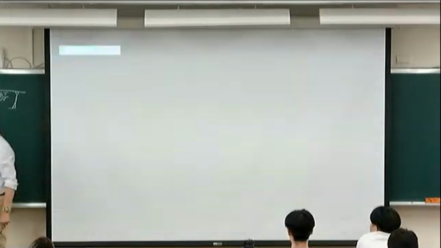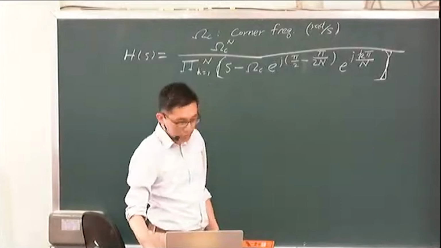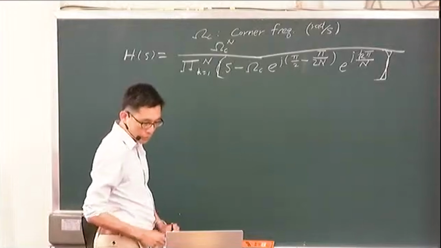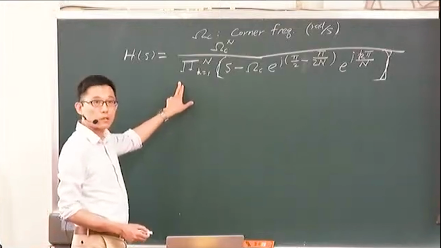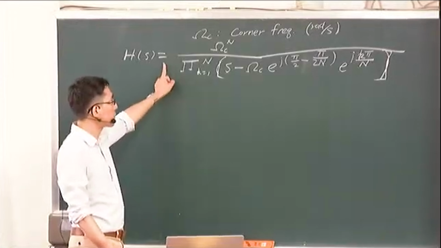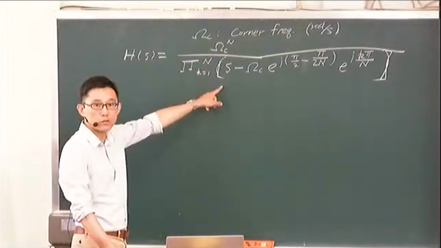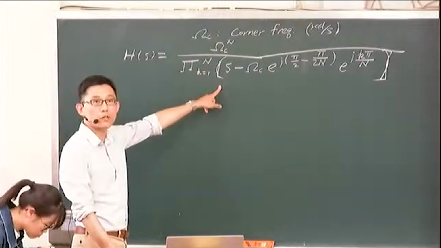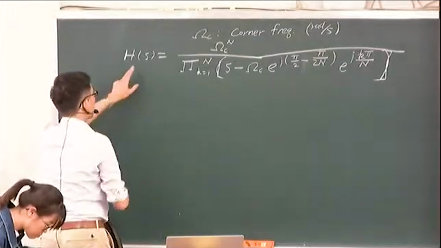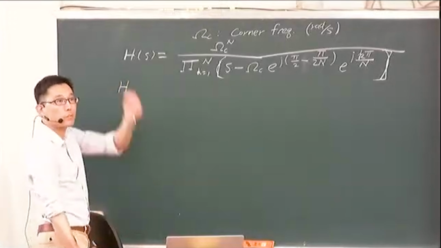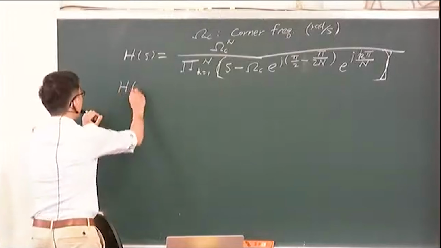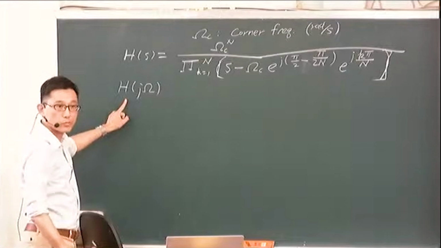But with this H of s, it turns out that we have a rather surprising outcome. I'm going to continue by giving you an interesting fact. If you look at this transfer function, it's an nth order polynomial. But when we consider the magnitude response, that is the transfer function evaluated on the imaginary axis, H of s, when we plug in s equals j omega, that gives us a frequency response.